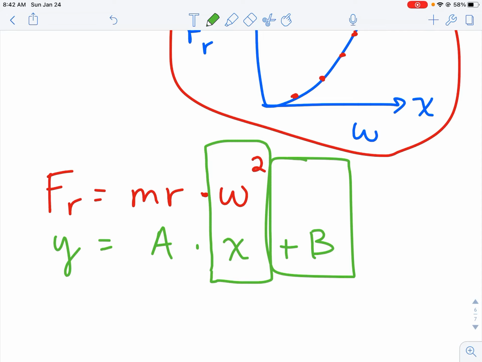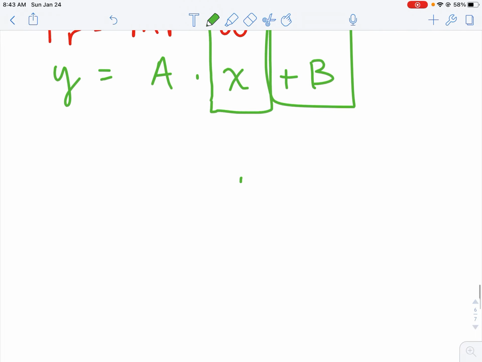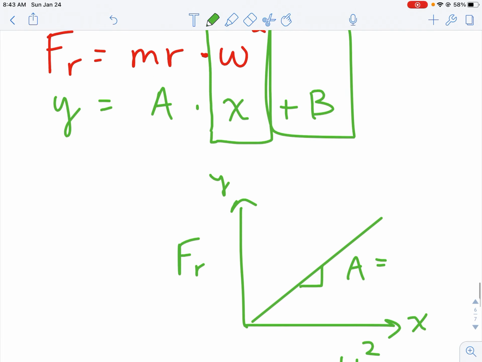All right. So if we graph omega squared, I just realized a mistake I made on the previous graph. If we graph omega squared instead of omega, and here's the radial force, we should end up with a linear relationship, and the slope of this line will be mr. I made a mistake in the previous graph.